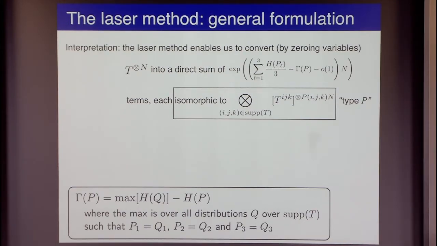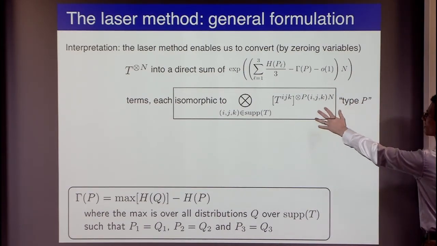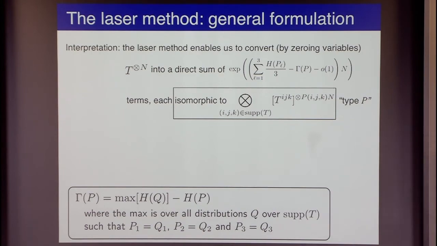That would be great. Yes, so the interpretation is that the laser method enables us to convert t to the n into a direct sum of terms. It's isomorphic to something like that. I will say that a term of this form is of type P. What we want to do is to control P and choose P such that the value is optimal.